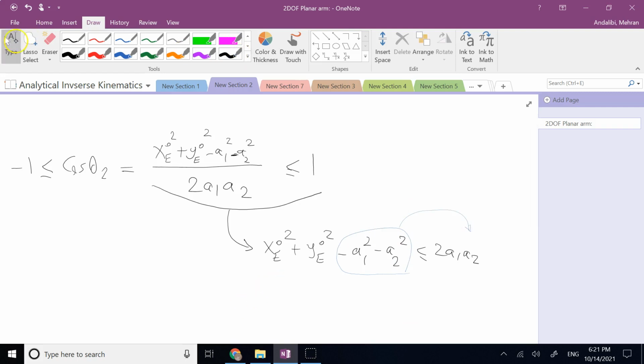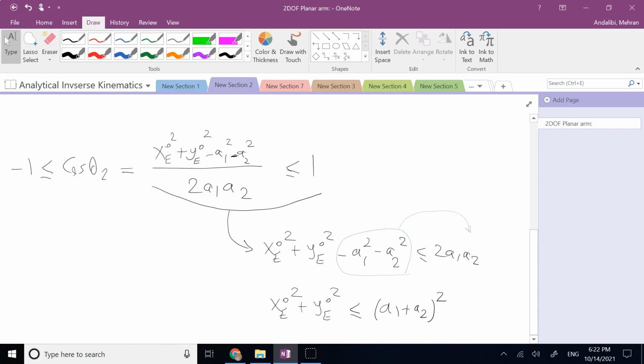So what you will get is this whole thing here is going to be less than or equal to a1 plus a2, the whole thing squared, right? Because that's what it gets, a1 squared plus a2 squared plus 2 a1 a2.